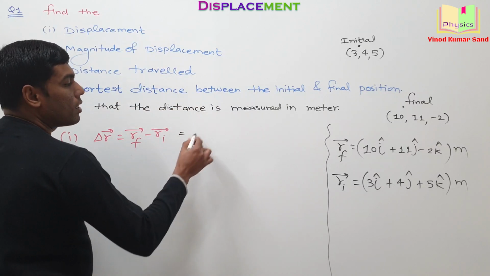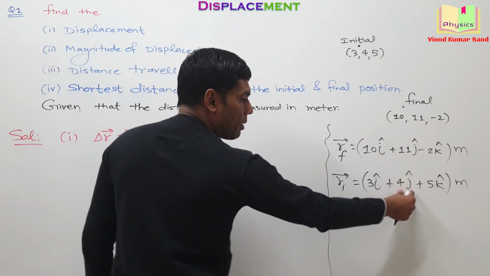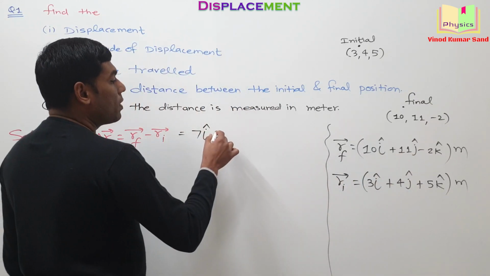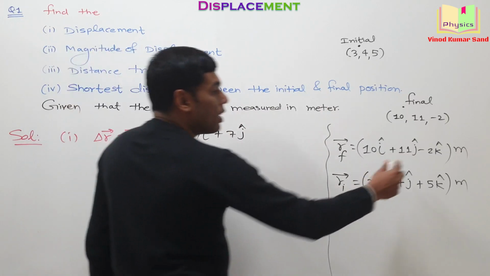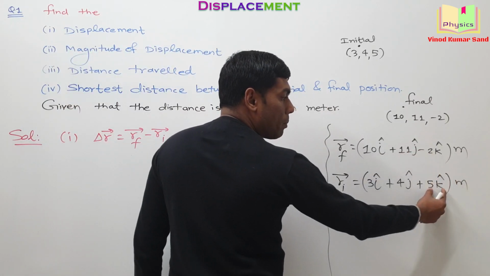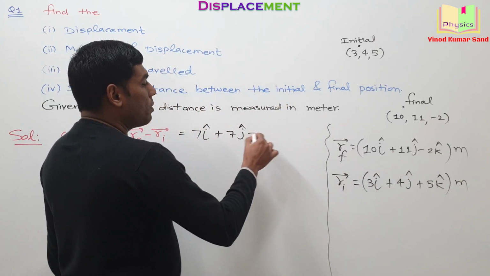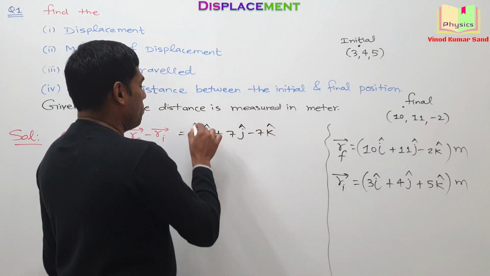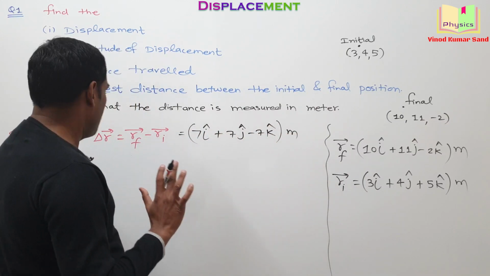What is your answer? 7 i cap. 11 j cap minus 4 j cap. So it will be 7 j cap. Minus 2 k cap minus of 5 k cap, so it will be minus 7 k cap. Do you agree? The unit is meter.